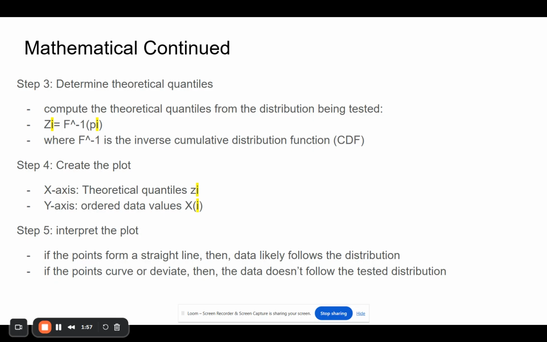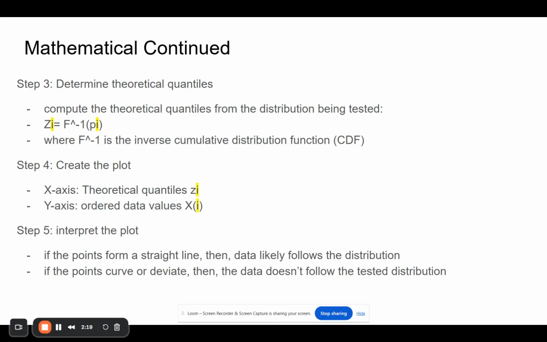Next, we compute the theoretical quantiles by applying the inverse cumulative distribution function, also known as the inverse CDF, of the distribution we're testing. This gives us z sub i is equal to F inverse of p sub i.